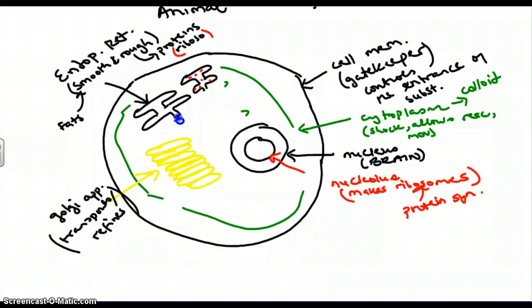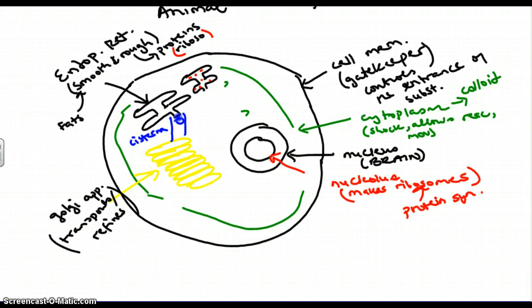If the ER, rough ER or smooth ER, is close to the Golgi apparatus, in this case the smooth ER, a tube forms between the Golgi and the smooth ER. And this tube is called a cisterna.